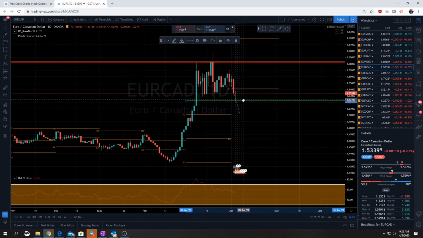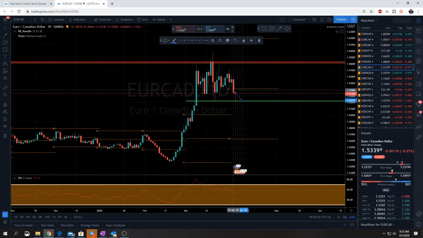I think we have enough proof now that this level's pretty solid. Where price is sitting right now, I think we might get a push back down to this area. Then that would be where we want to buy from and play this range.